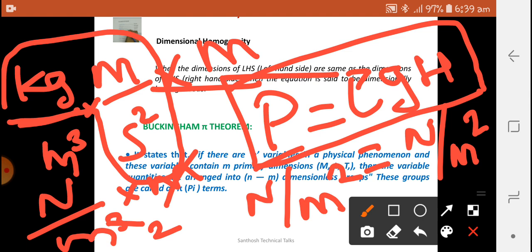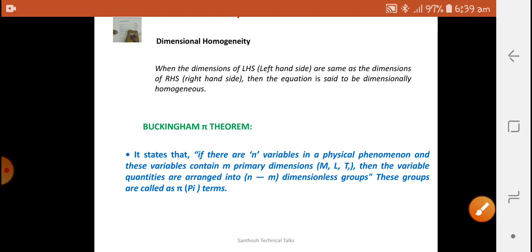So the equation is dimensionally homogeneous, then only it can be valid. If you take all the equations you have studied in mechanical engineering, you can see that all the equations are dimensionally homogeneous, then only the equation is valid.